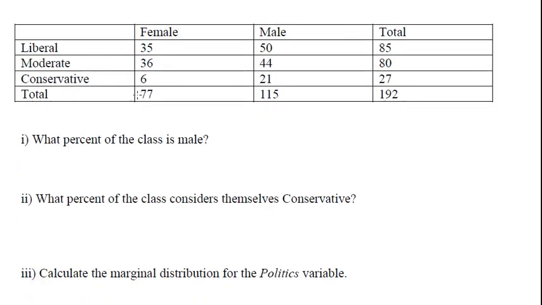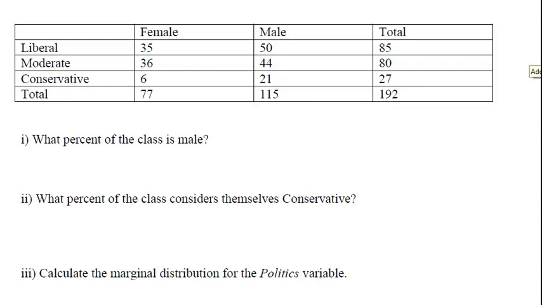Okay, and here the totals are given to us, so that's really nice. If the totals aren't given, then your first step is to get the row totals. So create a row for the column totals, and then the row totals here, so 35 plus 50. And that's going to help us do all these calculations.